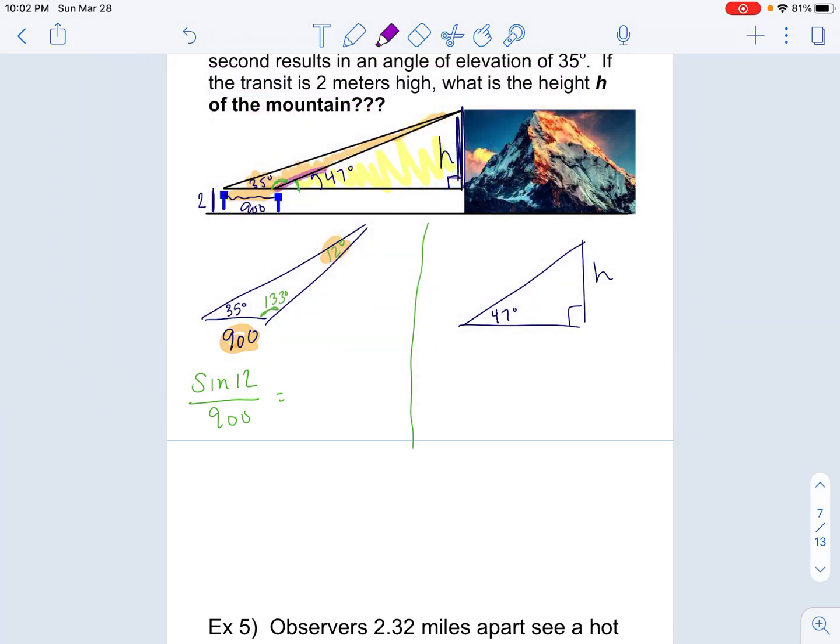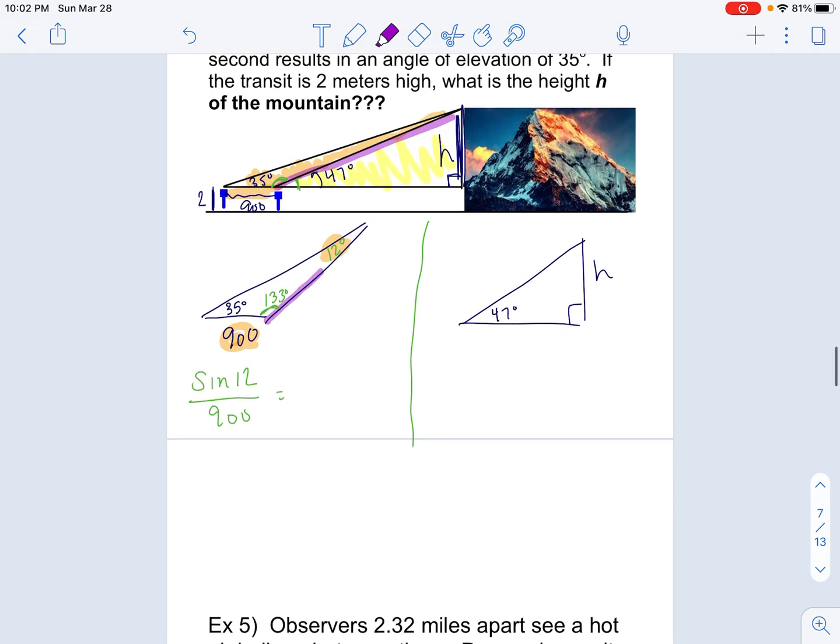So if I look right here, notice that this piece right here is common in both triangles. It's this piece here on the far right, and it's also the hypotenuse of that other triangle. So if I were able to find this measurement, I would be able to use SOHCAHTOA to figure out the height of that mountain.